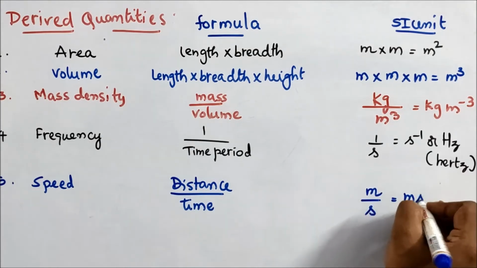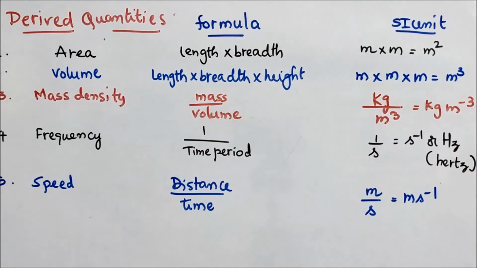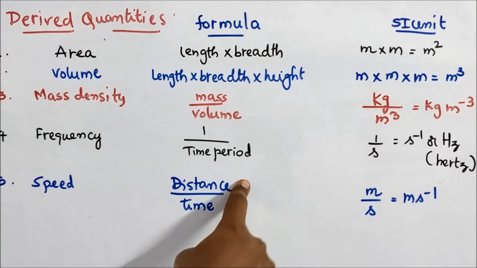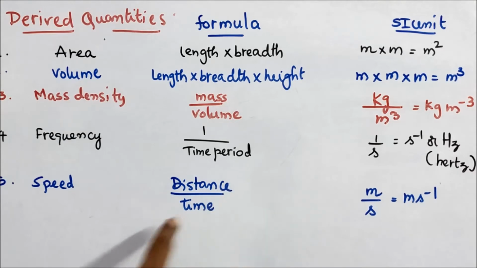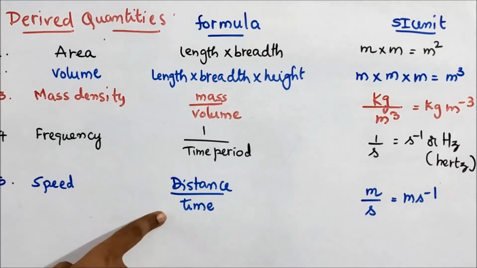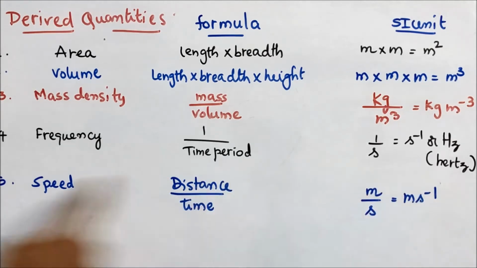So the unit is meter per second. So this is a derived unit, right? Distance is a fundamental quantity, that is length, and time is a fundamental quantity. So the combination of distance and time, distance upon time, is the derived quantity. Speed is a derived quantity.